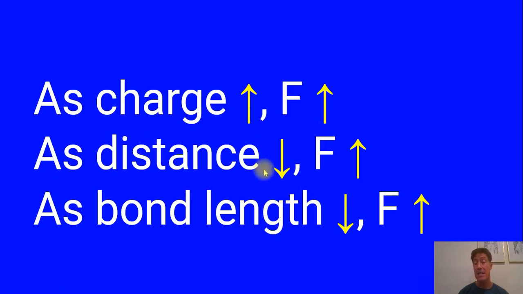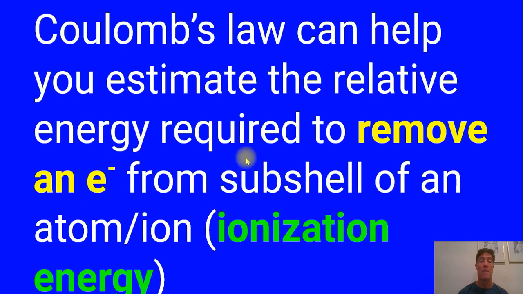As the distance decreases, then the force will go up. As bond length decreases, so the bond length between two things, that's going to decrease the distance. Then the force will likewise go up. So decreasing bond length is the same as decreasing distance.